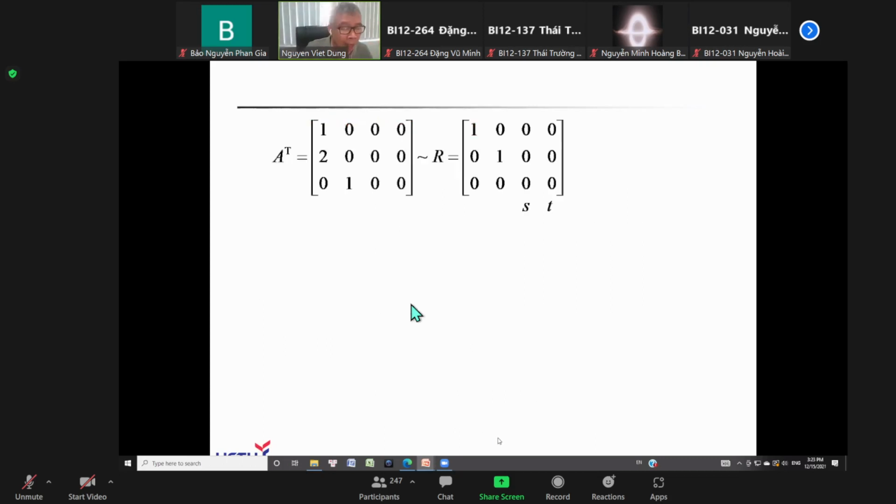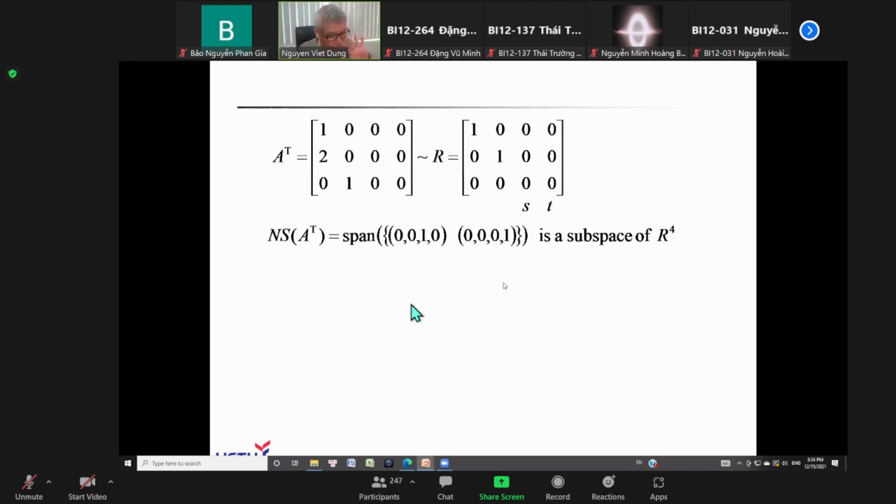And last, we need to find the left null space of A. Once again, the left null space of A is exactly the solution set of the homogeneous system of linear equations given by the matrix A transpose. And we will find that it has a basis consisting of two vectors like that one.